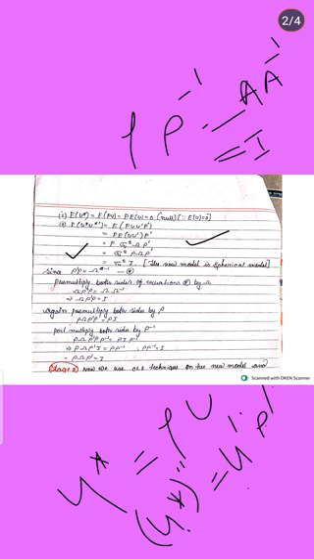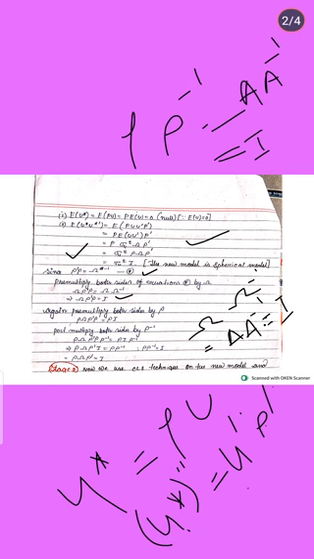Multiplying this equation by omega, omega P transpose P equals omega inverse becomes omega omega inverse equal to omega P transpose P equals I, because we know the rule A into A inverse is equal to I. So ultimately the value is I.